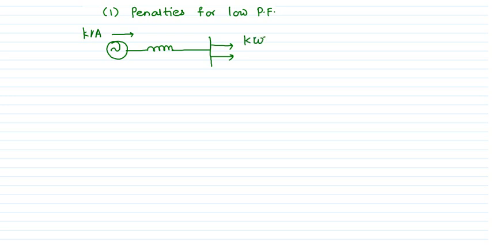So what happens generally, there are two ways by which you can have reactive power. Either you can have it throughout the transmission line, or you can generate it locally. So there are two ways.